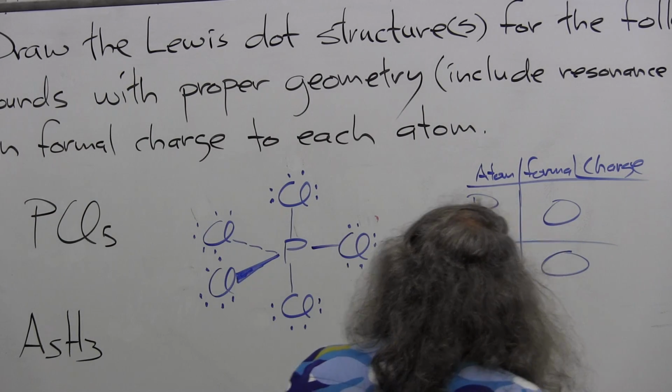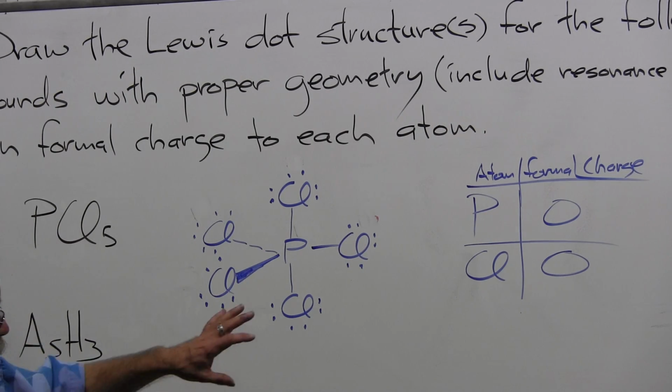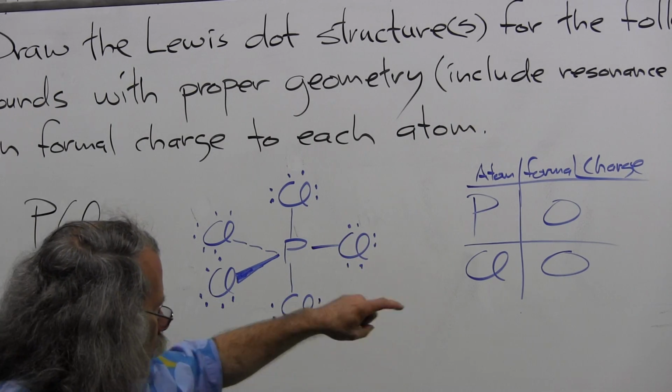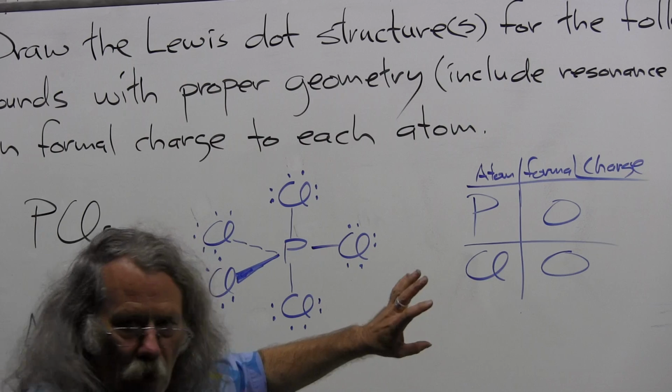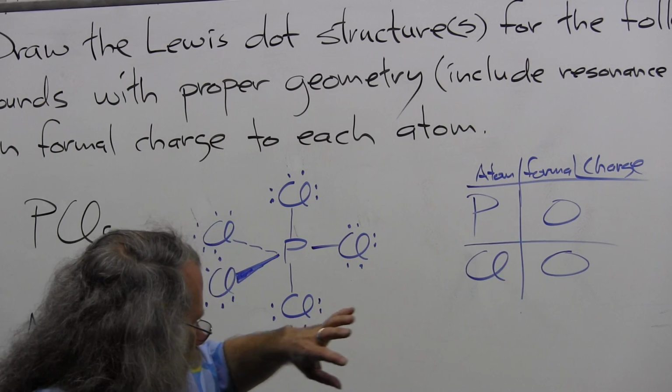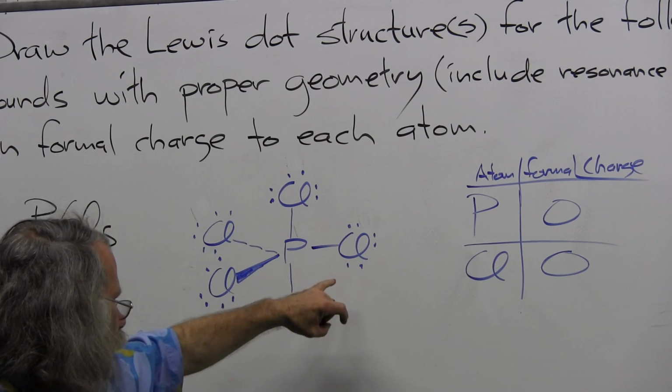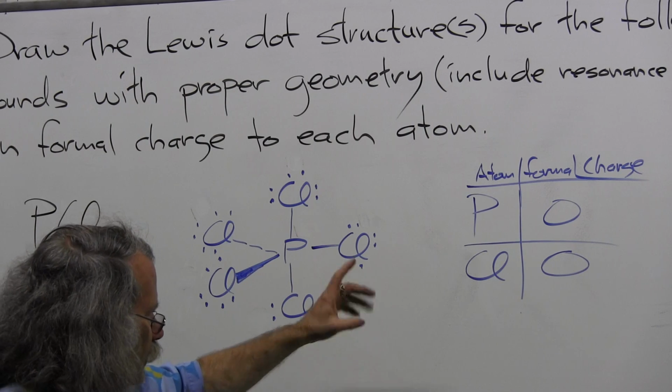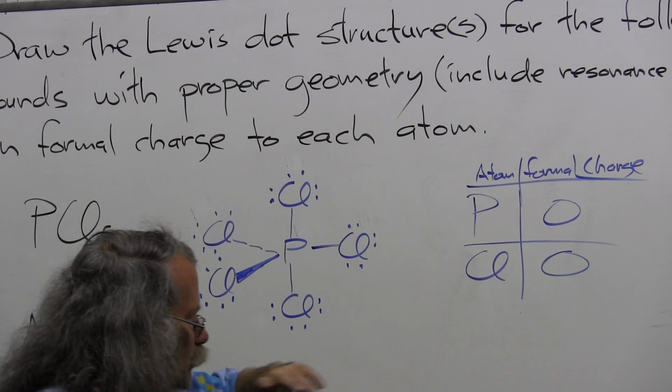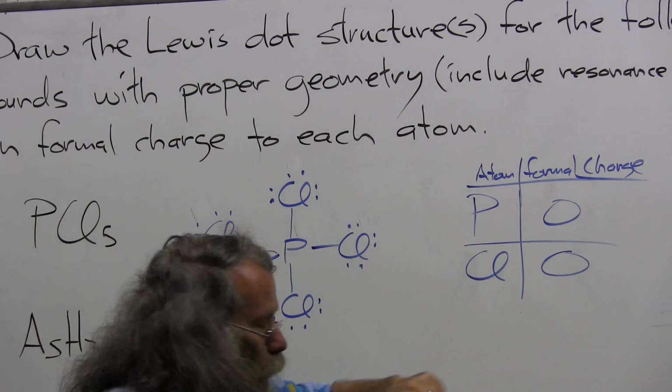And in the event that we end up with a molecule where there's more than one type of chlorine atom, or in this case I could say equatorial and axial, but there's no difference in formal charge. So this is for each chlorine.